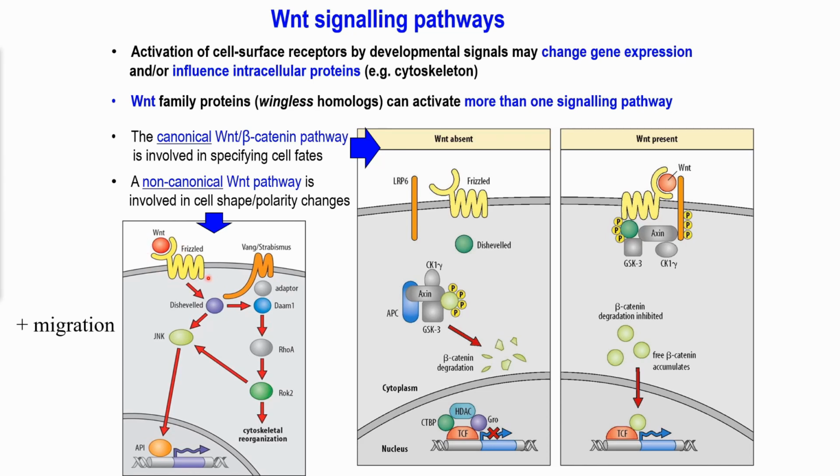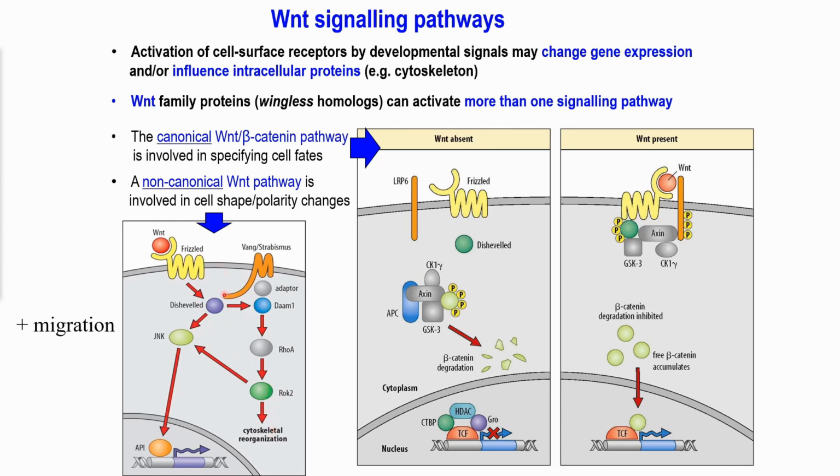It recognizes the frizzled receptor, binds to it, which activates a protein downstream called disheveled, which activates a protein called DAAM1. And DAAM1 can activate RhoA, which is a small GTPase involved in cytoskeleton remodeling. And this acts through ROCK2 as a kinase that can activate cytoskeleton reorganization.